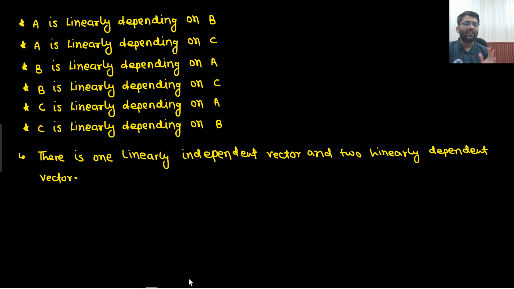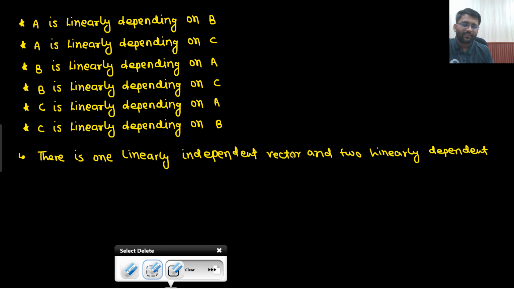So did you understand the meaning of linear relation, vector? As of now we did not introduce the vector. Okay, here I have written vector, but as of now you don't know what a vector is, so you will understand it as a matrix only.